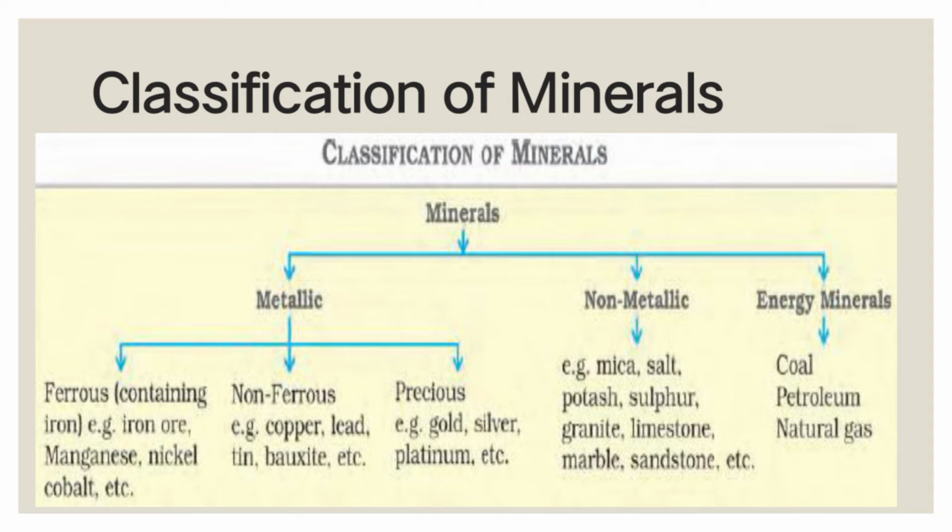Classification of minerals. Once again, ferrous, the ones which contain iron, manganese, nickel, cobalt. Metallic minerals are classified into ferrous, non-ferrous, and precious. These are all metals. They make sound, they have luster, they have chemical composition, they have a structure.